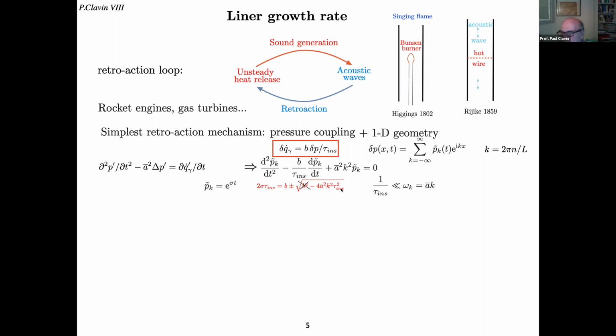This is a very good approximation in ordinary conditions. Now you end up with a sigma which is B plus or minus a frequency, so you have a real part B here.